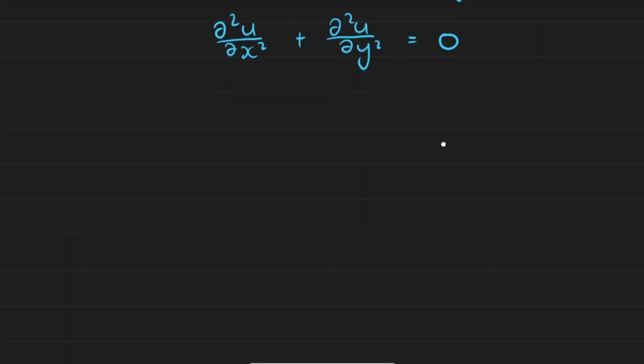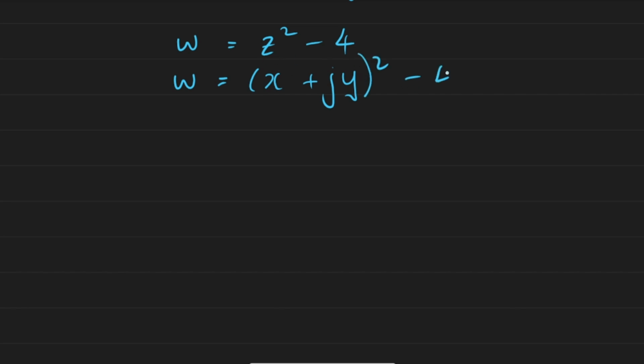We can show this in a basic illustration. If we have w equal to z squared minus 4, we have looked at this example several times now. If we wanted to prove that this is a harmonic function, we would first gather all the expressions in terms of u and v. We have x plus jy, the definition of z, substituted in.